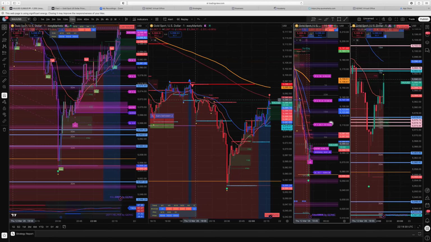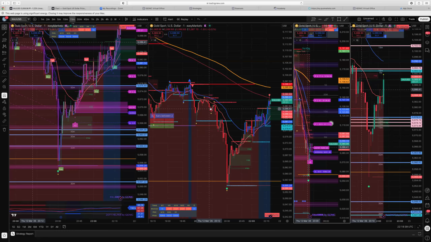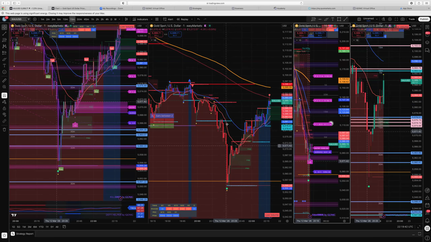It's literally like what we're doing. We're letting it come through, break the zone, bosh. We take the trade, bosh. It's the same thing. I just think that the way we do it is pretty darn cool.